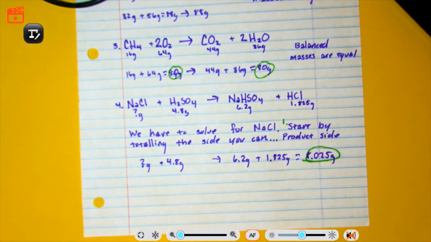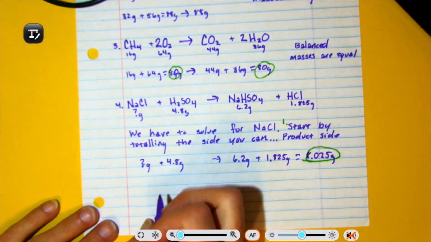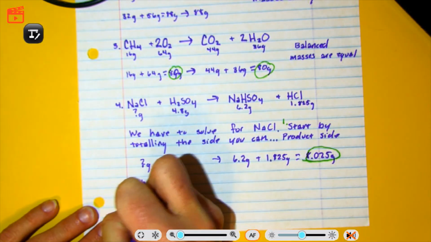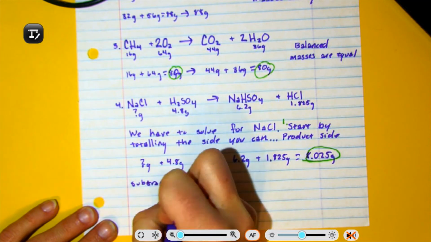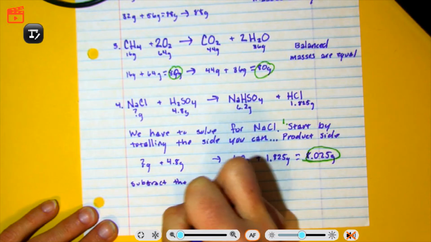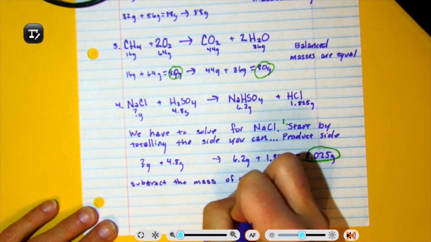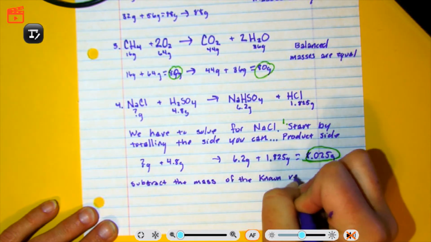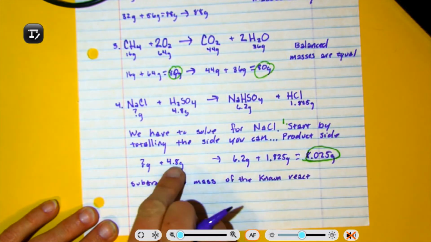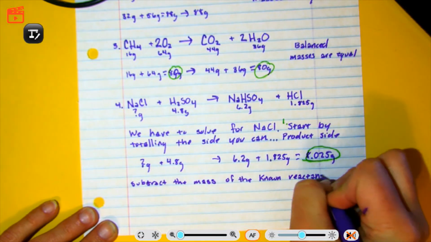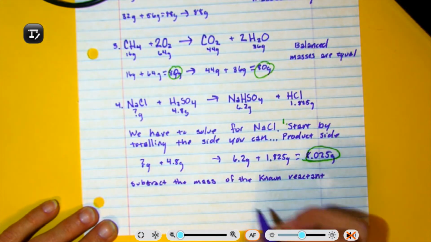So then your next step is going to be to subtract the mass of the known reactant from the total product mass. It was a reactant in this case because we know this reactant, so that's the known reactant I'm talking about.